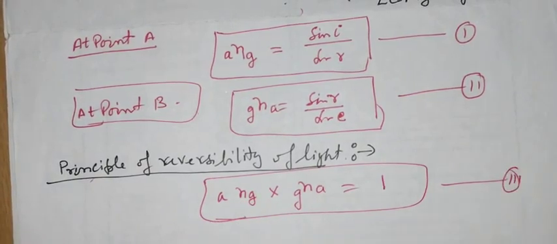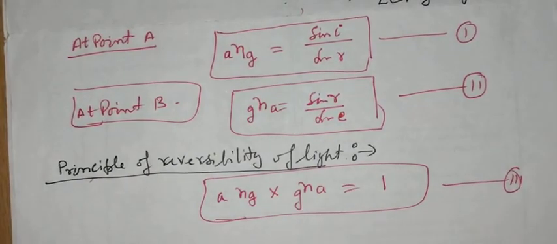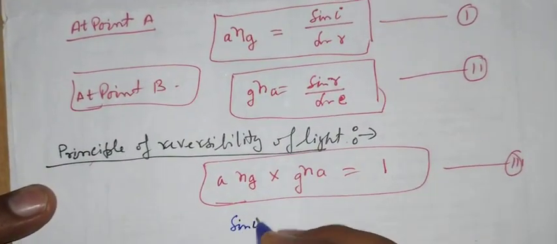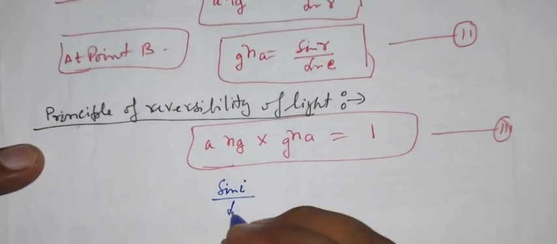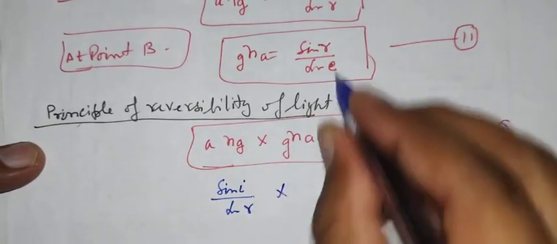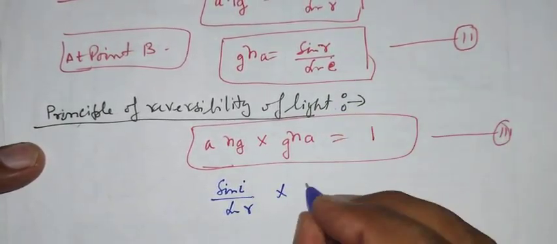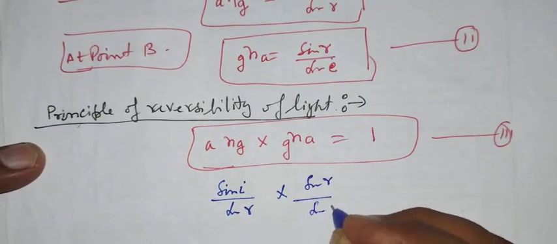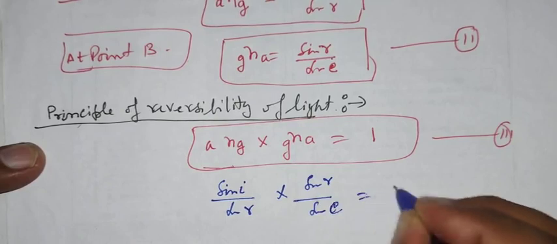Now putting these values here, this is sin I by sin R times, by equation 2, sin R by sin E, equal to 1.